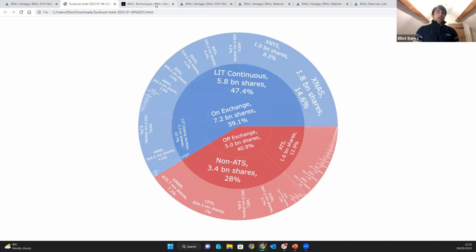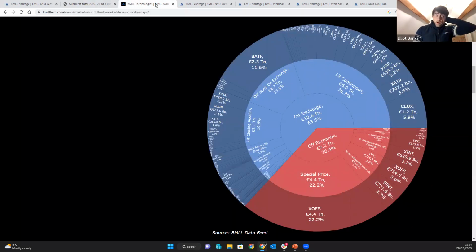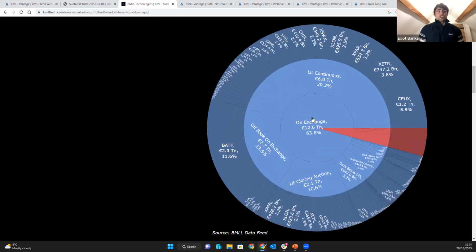Now Europe, and this is something that BMLL produce on a monthly basis. It's on our website, and you're very welcome to come and look and interact with what we call our liquidity maps in Europe. In Europe, there's a few key differences. The first is that we actually have a lot more breakdown on the on-exchange information.